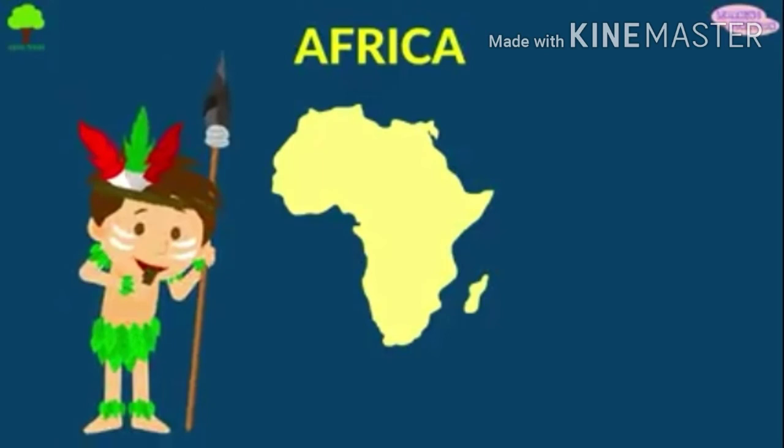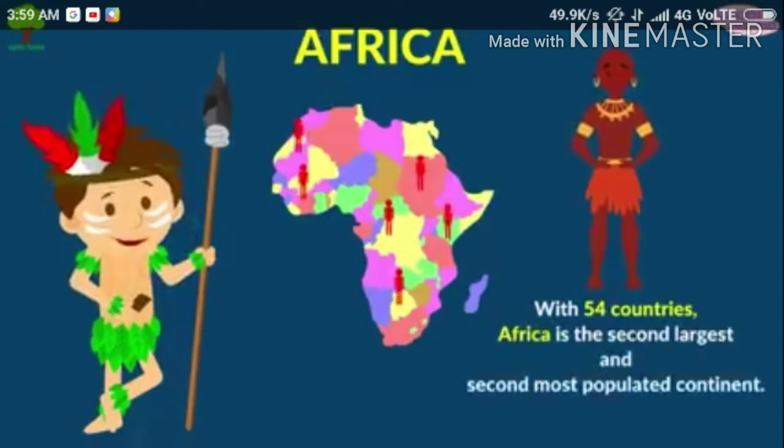It is also home to the world's longest river, the Nile. What is the world's longest river? Nile. The Nile is also located in Africa. The highest mountain is Mount Kilimanjaro and the largest lake is Lake Victoria, also located in Africa.